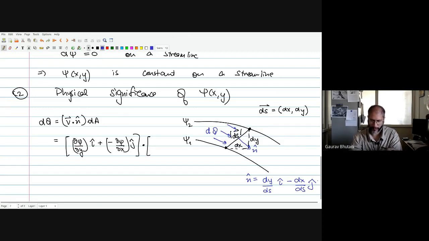If a vector has components dx and dy, then the normal to that will be this from simple coordinate geometry. And we also have a ds in the denominator because it's not a unit vector we're talking about. So you have to find the cos theta and sin theta, you have to divide by the hypotenuse, which is ds. So I will write it down here.